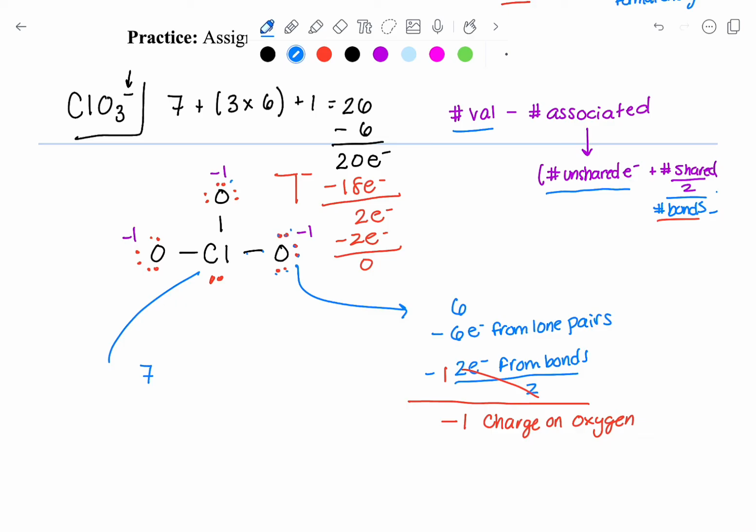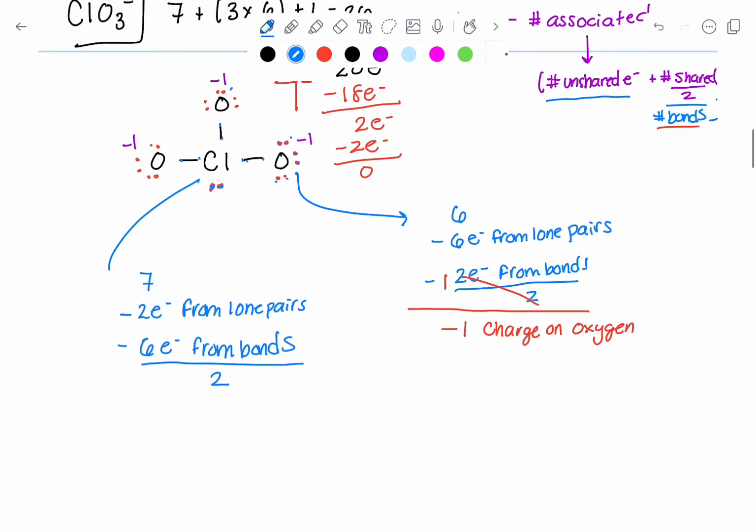And now we're going to subtract off our associated electrons. Well, it has 2 electrons that are in lone pairs, so we're going to subtract off 2 electrons to account for our lone pairs. And now we're going to subtract off our shared electrons. So the chlorine has 1, 2, 3, 4, 5, 6 electrons that are in bonds, which we're going to divide by 2 because it can only claim one of each of those electrons from each bond.